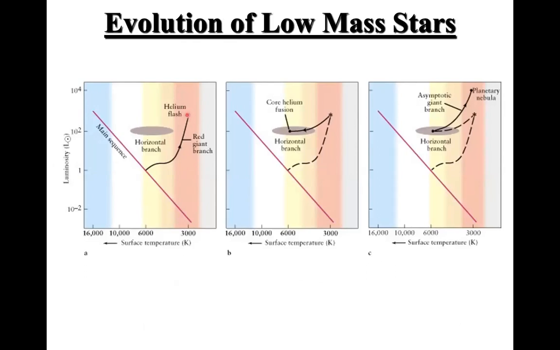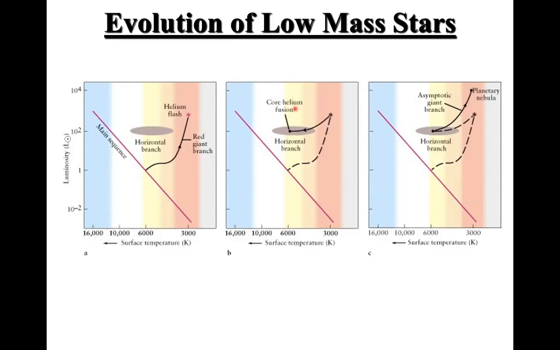That happens in the core. After the helium flash, you will have the helium fusion at the core region, right? So this is what we discussed yesterday as the horizontal branch.